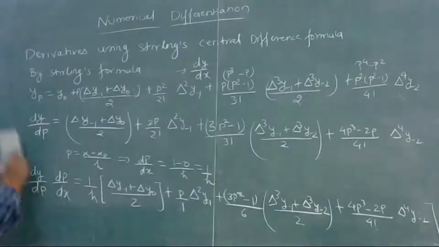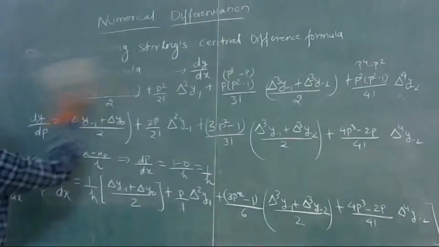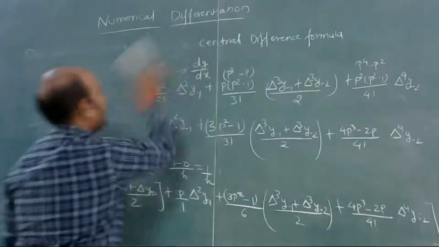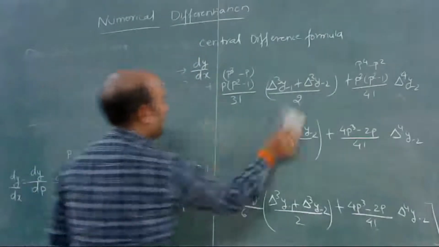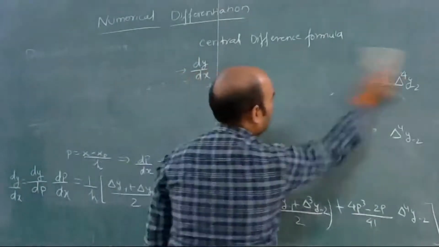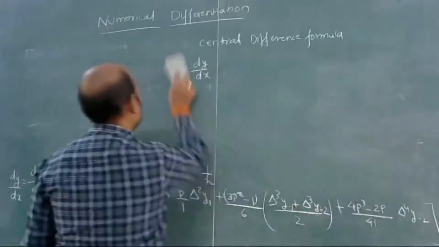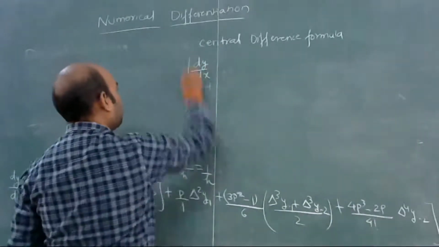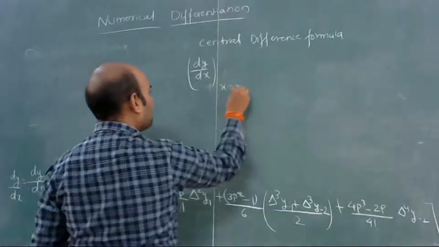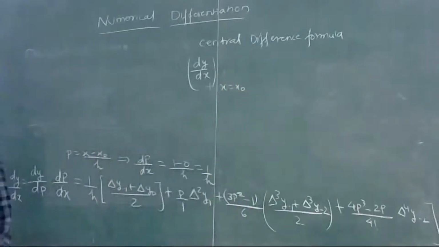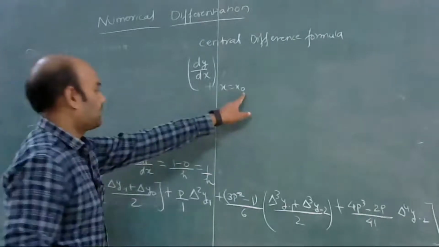Now we have to find the value of dy/dx at a certain value of x. Let's suppose we have to find the value of dy/dx at x is equal to x₀, at any certain value of x.